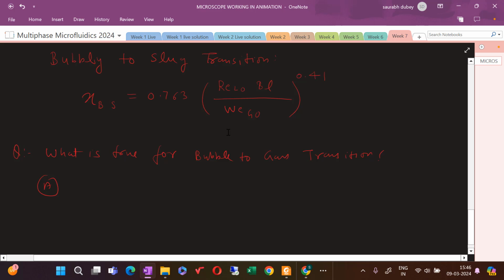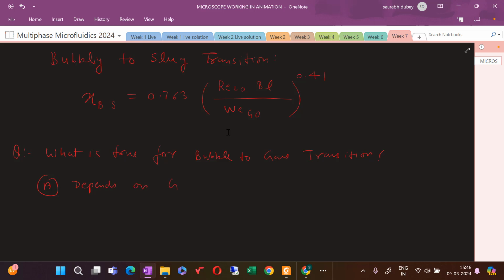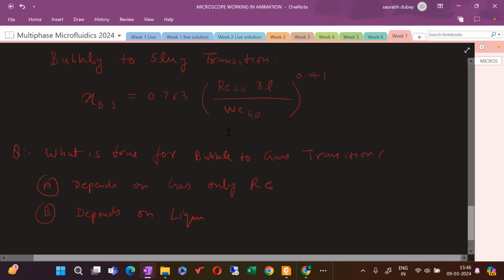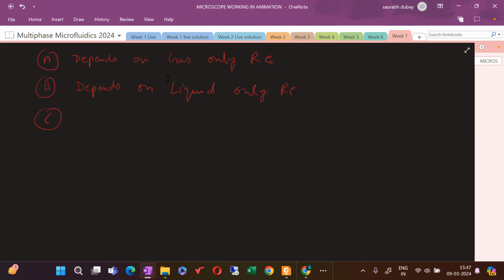Option A depends on gas only Reynolds number; another depends on liquid only Reynolds number; then it depends on gas only number, and it depends on liquid only number.